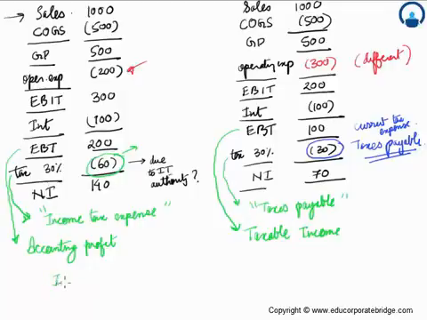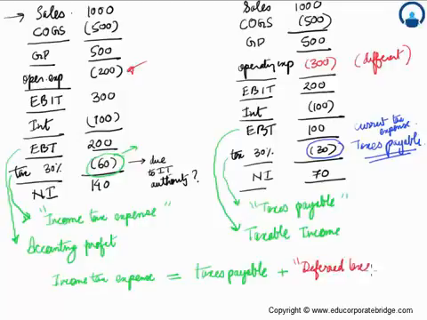Here the income tax expense is equal to your taxes payable plus, with the liberty of introducing another term, I'll call this deferred taxes. So these deferred taxes could be assets or liabilities.